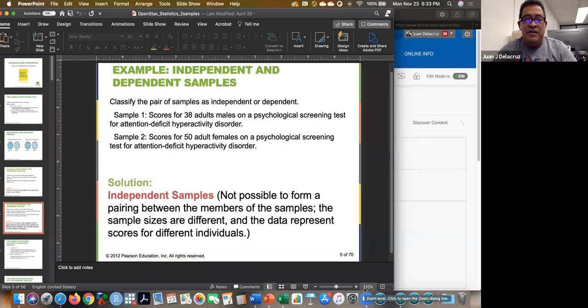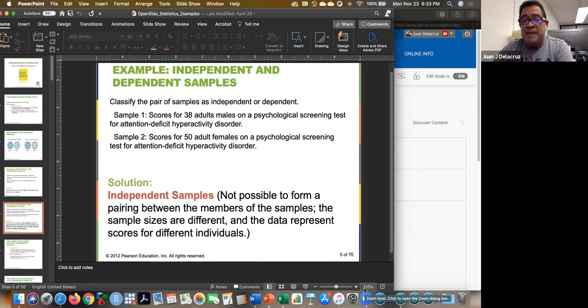So classify the pair of samples as independent or dependent. We have the scores of 38 adult males on a psychological screen test for attention deficit hyperactivity disorder. We have 50 adult females on the same screen testing.